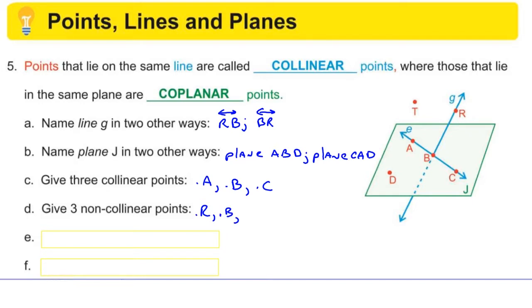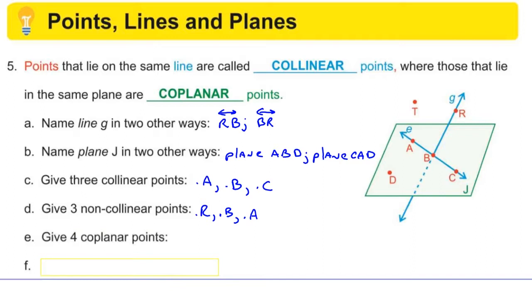And so therefore I'll just pick one of them. Now let's use point A. Why not? 3 non-collinear points. Give 2 points on the line and a point off. Really, the only way to get this wrong is use points A, B, and C, because they're the only ones that are collinear.